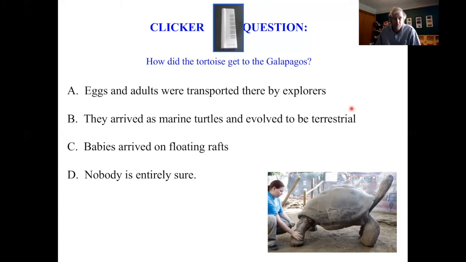C, babies arrived on floating rafts. This was put forward a few times because this process of new species arriving on land masses courtesy of floating rafts has been observed multiple times. It certainly gets seen a lot in small lizards on tropical islands where there's palm trees, because these small lizards live in the palm fronds. When the palm branches fall, you get the entire frond falling at once.